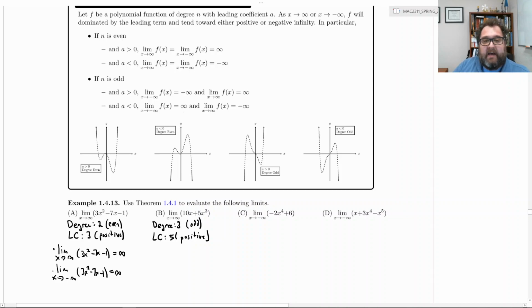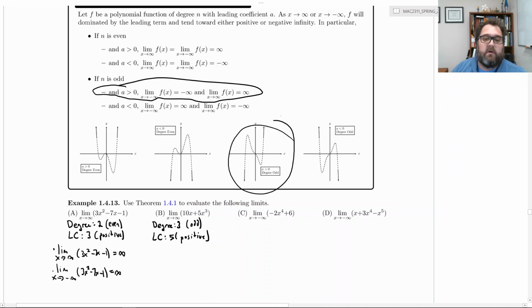So that means I am looking at an odd degree, and the leading coefficient is positive. So that means I have this situation going on. Again, the dashed portion means ignore what's happening close to the origin, but I know that very far off to the left, this function is going down towards negative infinity, and very far off to the right, it's going towards positive infinity. The end behavior, in other words.